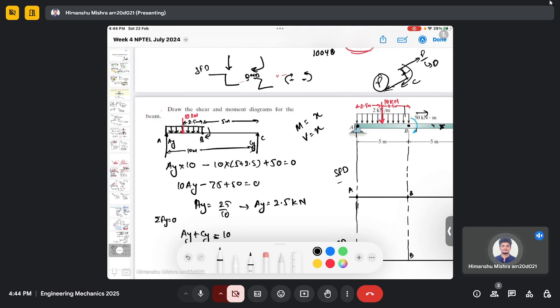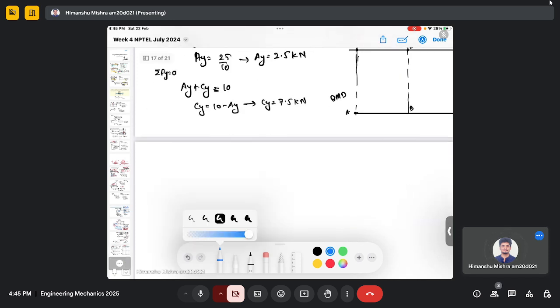So if I cut, let's say somewhere here, my free body diagram will now have this AY.